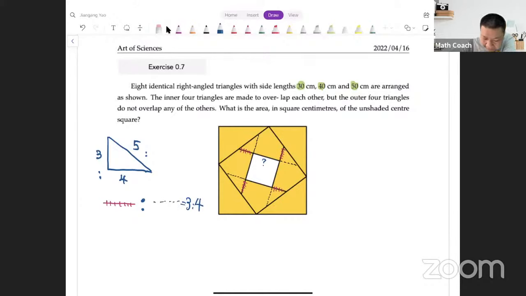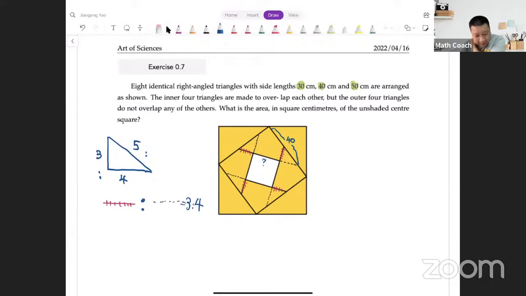So here the slanted one is 50, right? So here the total is 50. If the total is 50, definitely we know this must be 40, right? Because that is one leg. So this is 40.